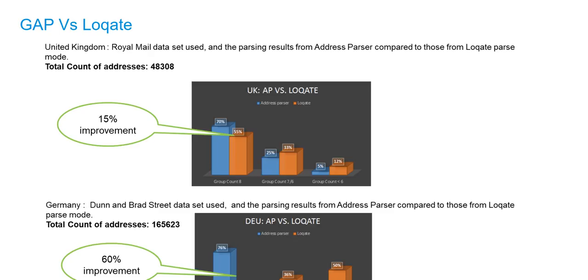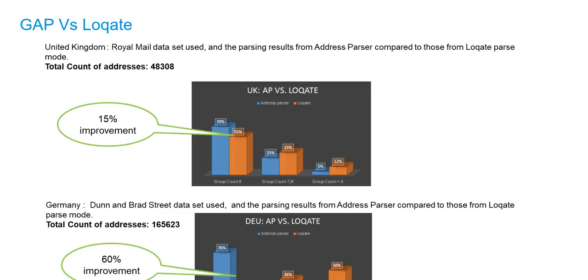So the address parser was able to parse 70% of the addresses fully with all the eight components correct. Locate was able to parse just 55% of addresses with 100% accuracy.